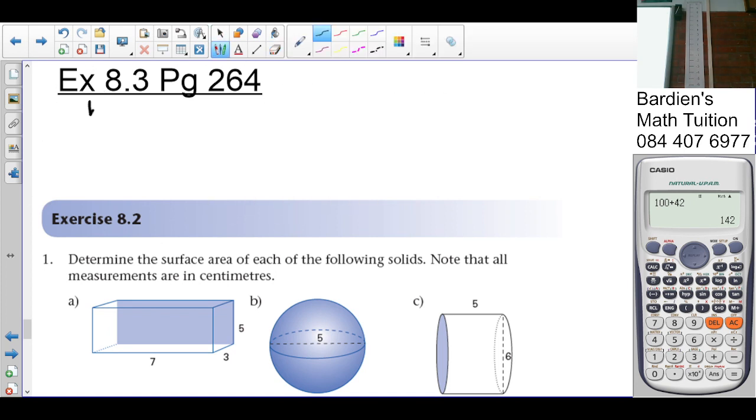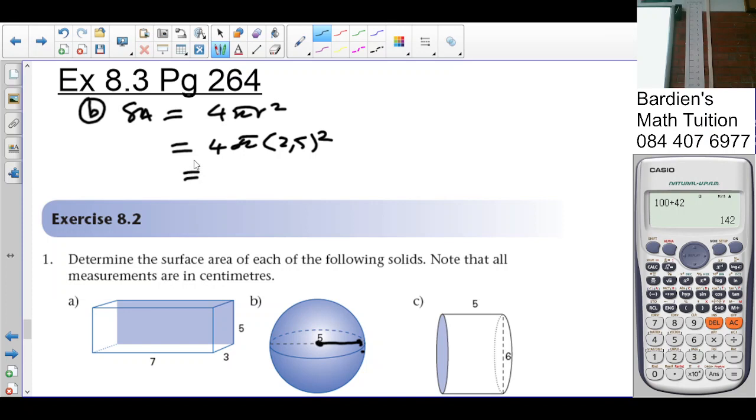B, the question says, let's calculate the total surface area. The surface area of a sphere is 4 pi r squared. Is that correct? So it's simply going to be, the diameter is 5, the radius is going to be 2.5. So it's 4 pi times 2.5 squared. That is 5 over 2 squared, which is 25 pi. Is that correct?